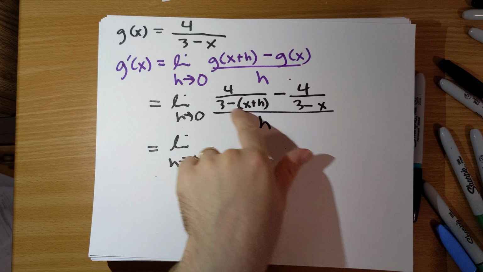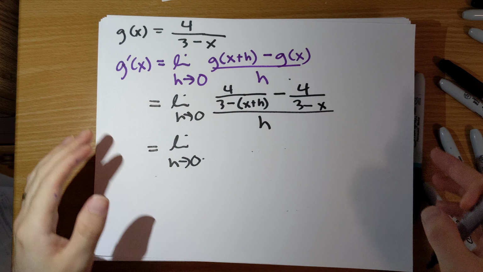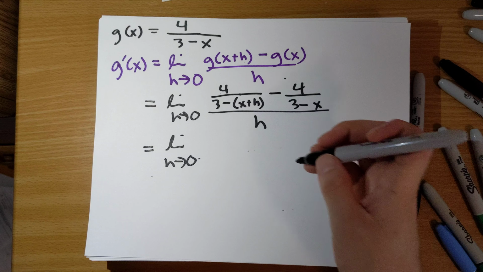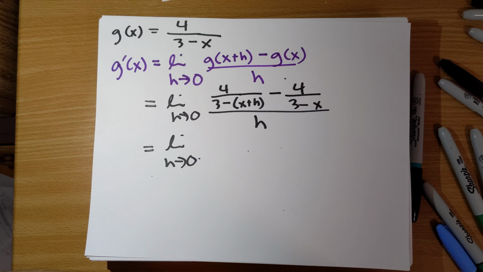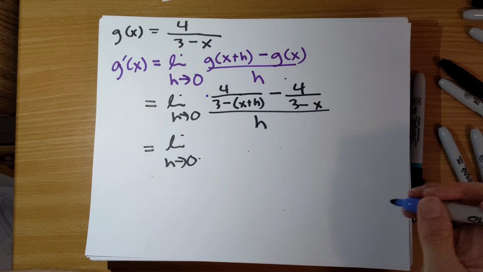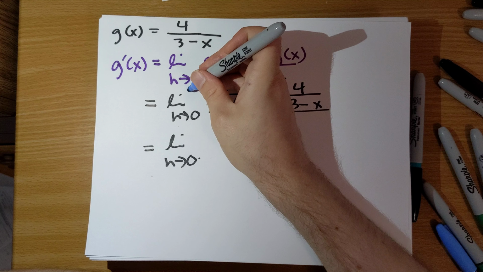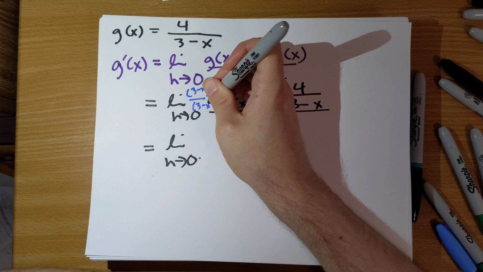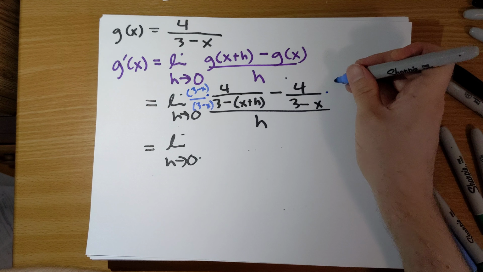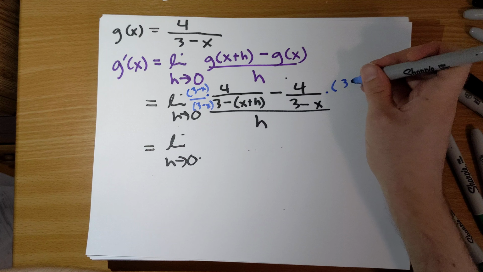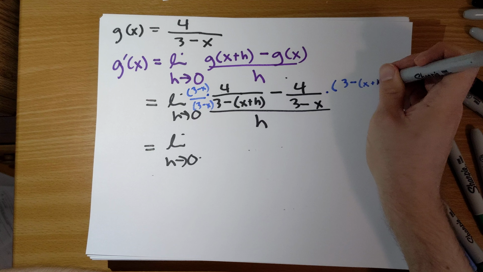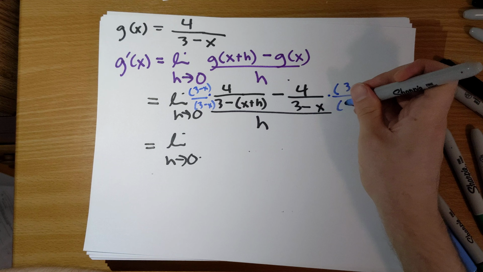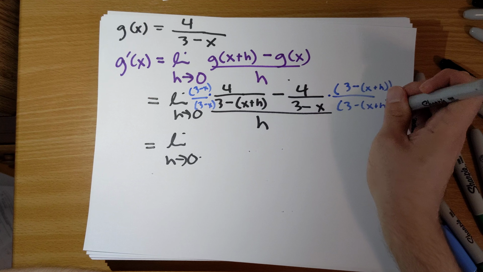Okay, so let's take the numerator here, combine it into a single expression, put things over a common denominator. To do that, we're going to want to multiply this first fraction by 3 minus x over 3 minus x. We're going to want to multiply the second fraction by 3 minus x plus h over 3 minus x plus h.